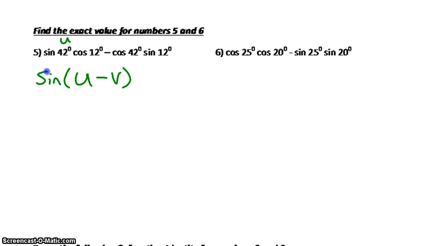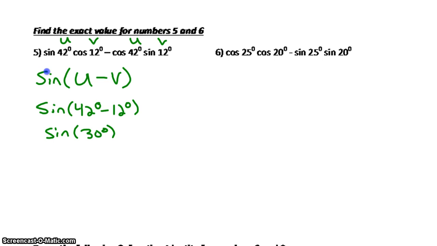Here's my u, here's my v. So I could rewrite this as sine of 42 degrees minus 12 degrees, which will get me sine of 30 degrees. Well, what is the sine of 30 degrees? Whether you punch it in your calculator or you use your trig chart, you'll find that value is 1/2.